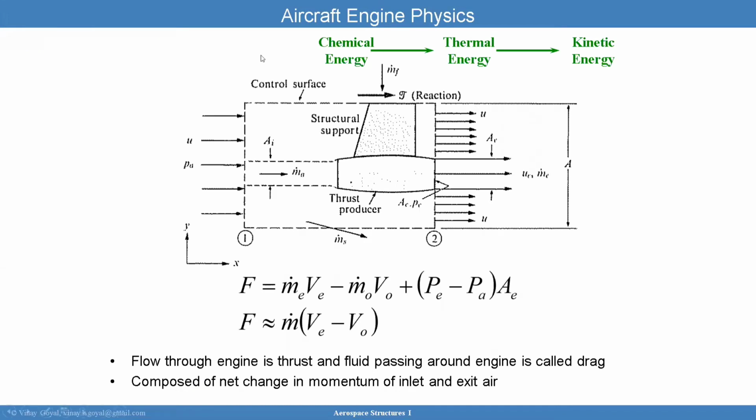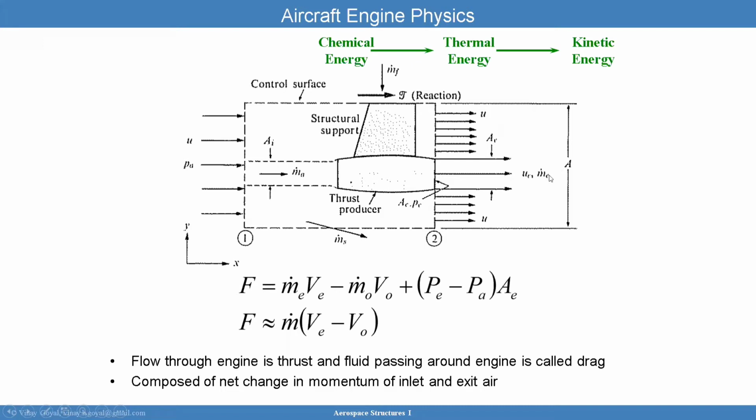Then I have the aircraft engine physics. In this case, I have the chemical energy, the thermal energy, and the kinetic energy. In the aircraft, you have, again, the mass coming into the engine. Of course, you have structural support from the wing. And then you have the outside flow velocity, and the exit area of that mass flow.